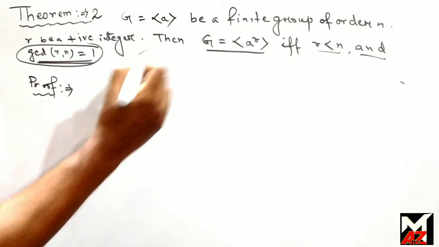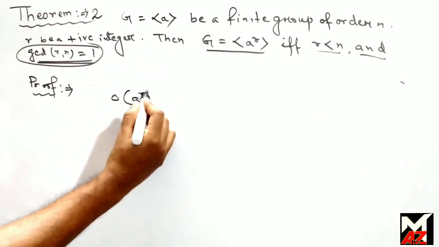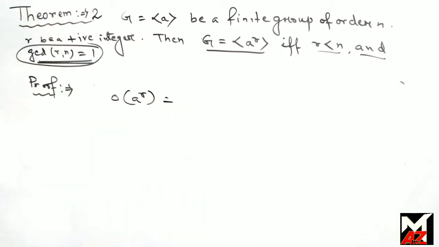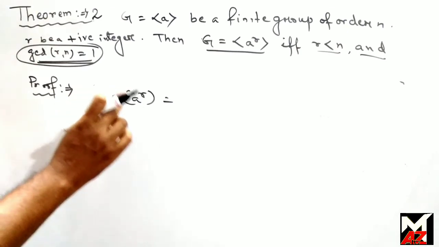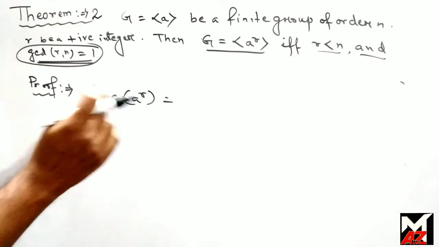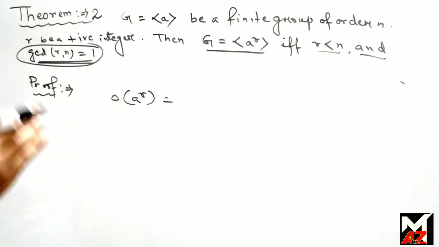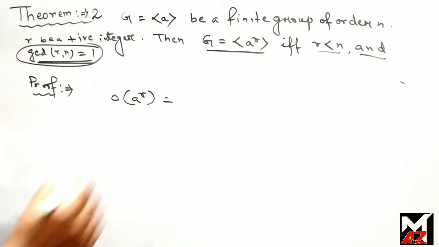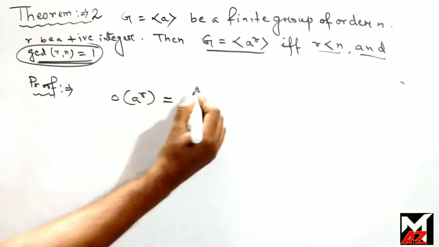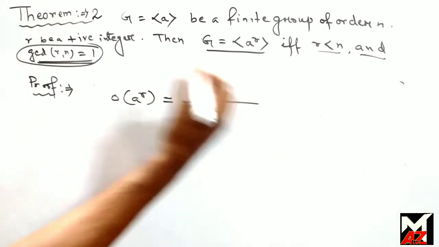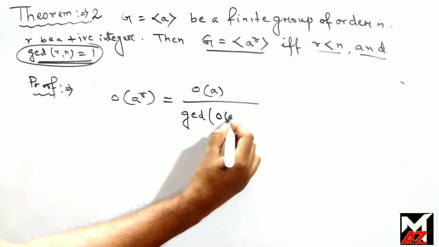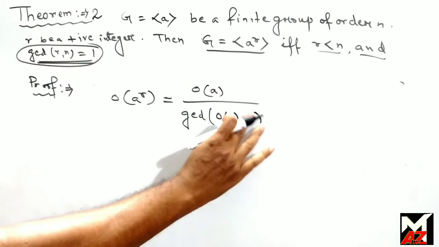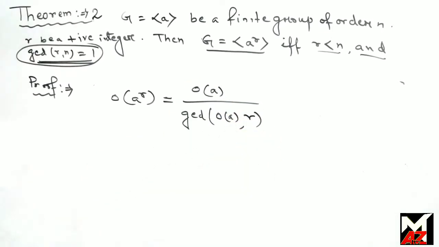Now we first find the order of a to the power r. We already proved this theorem in a previous class of group theory. The formula is order of a divided by GCD of order of a and r.